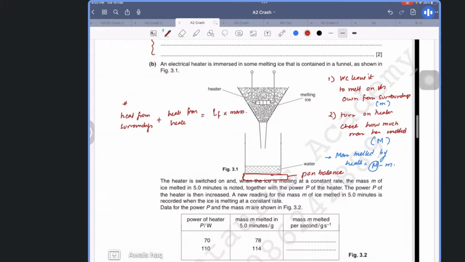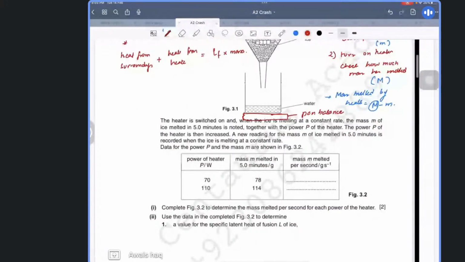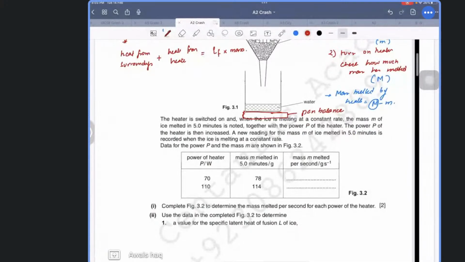Do you guys understand this? Okay, great. So now in this one, they want us to find this mass rate. This is the mass melting in 5 minutes. So 5 minutes would mean that we got to divide this by 5 into 60. What would that be? Because we need it in seconds, right?